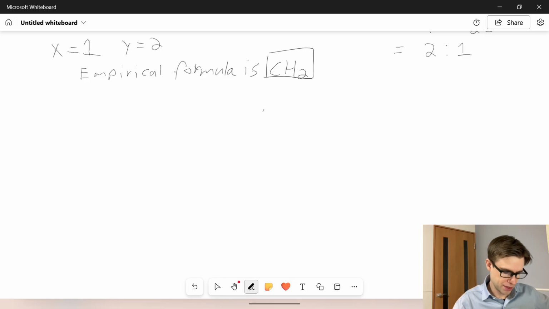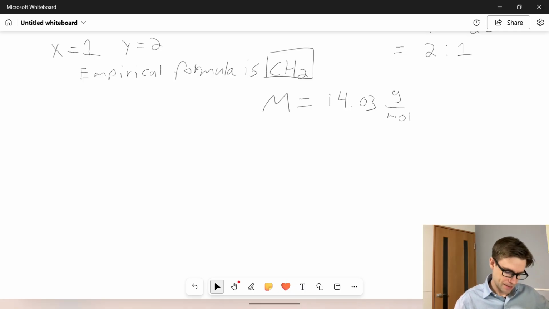So what's the molar mass of CH2, this formula? 12.01 plus 1.01 plus 1.01, that ends up being 14.03 grams per mole, or AMU, whatever you want.